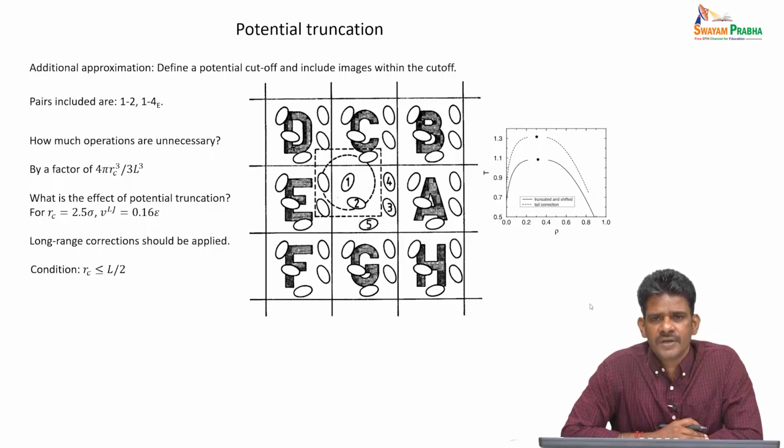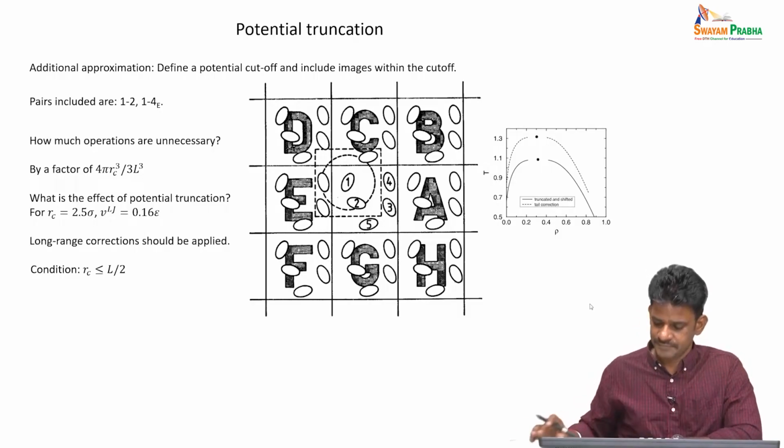We could just look at neighbors up to a certain cutoff distance, because potential energy probably would have fallen to 0 around the cutoff, and there is no need to calculate interaction energy between the neighbors falling outside this cutoff distance. So this saves a lot of computational time, and using a potential cutoff is one of the essential components of MD simulations.